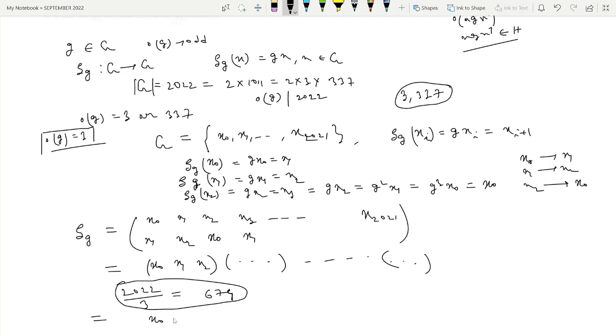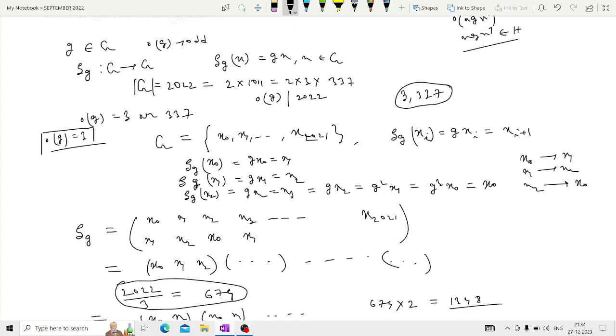So this is actually x0 x2 times x0 x1. For each 3-cycle we have 2 transpositions, so there are a total of 674 into 2, that is 1348 transpositions. So there is an even number of transpositions, so this Sg is an even permutation.